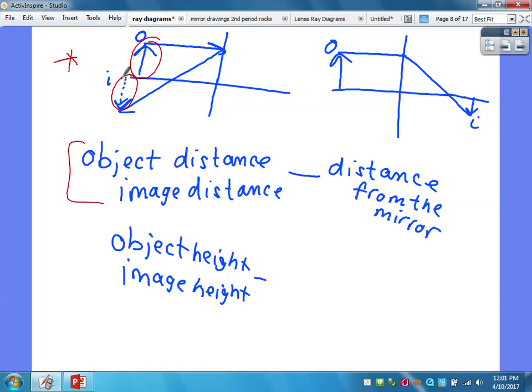And the idea is the distance would just be how far away are the two things from the mirror. You're going to learn the y-axis will be our mirror. Okay? Object height, image height, I don't even have a definition there, but it's just how tall they are. So, I can write that. How tall, okay, are the objects and the images? Obviously, only going to have one at a time there.